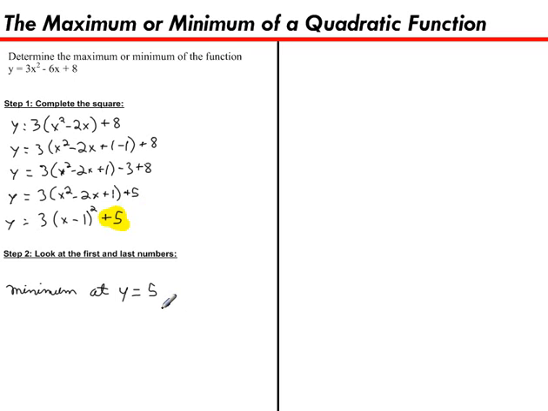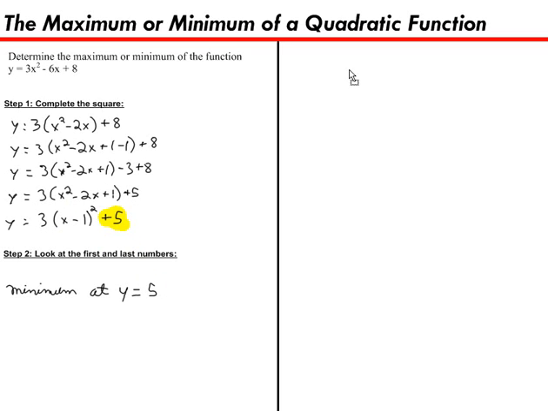So just to review, if you want to find the maximum or minimum of a function, you need to take it from standard form and complete the square on it to put it into this form. The first number will tell you whether you have a maximum or minimum. If it's a positive number, you'll have a minimum. If it's a negative number, you'll have a maximum. And the last number tells you the value of that minimum or maximum. So in this case, we had a minimum at y equals 5.